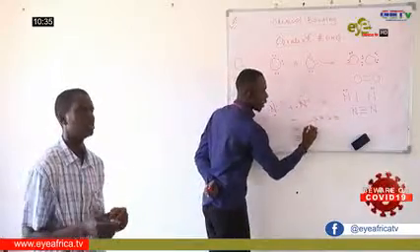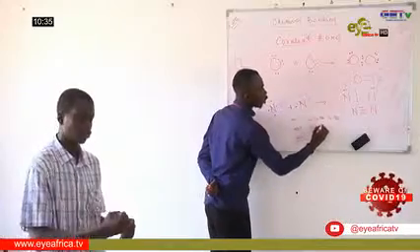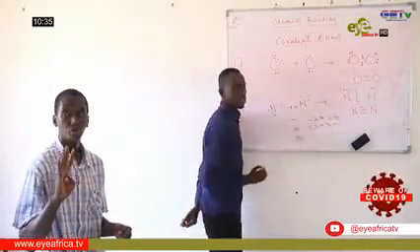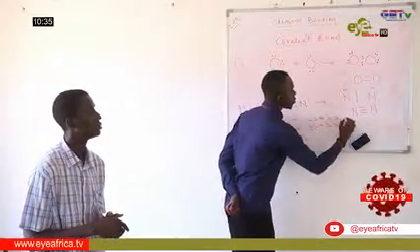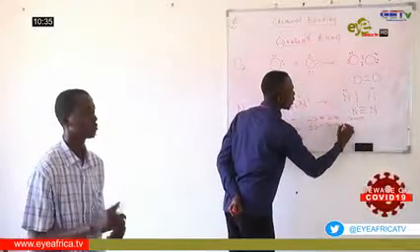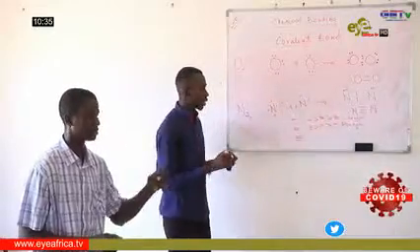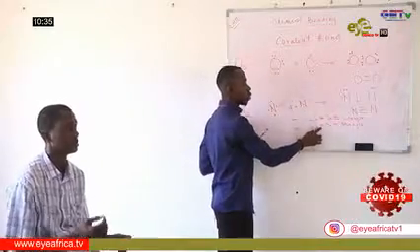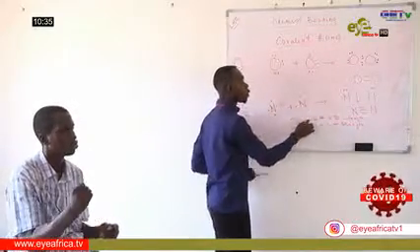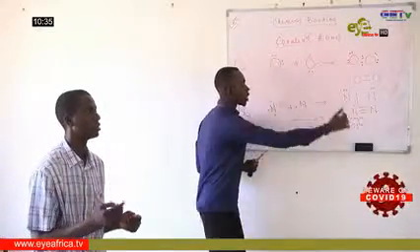Which means again, triple bonds are stronger than double bonds, and double bonds also are stronger than single bonds. This one is length, and this one is strength. Triple bond is stronger than double bond, and double bond also is stronger than single bond. But single bond is longer than double bond, and double bond also is longer than triple bond.